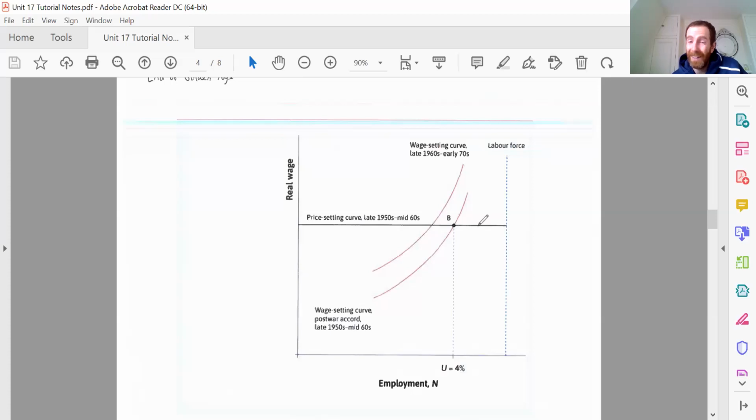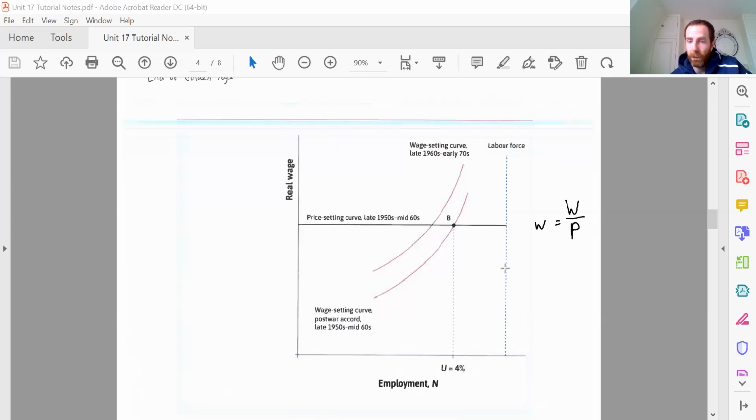And then the other key thing that happens is the price setting curve will actually shift downwards. Why is that? Well, remember that the profit maximizing real wage W depends on the nominal wage and the price level. And the price level starts to increase because of these oil price shocks, right?